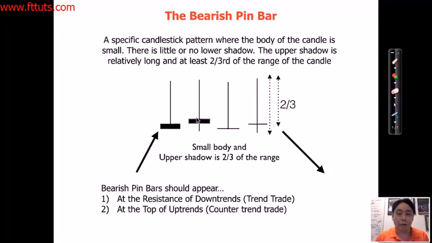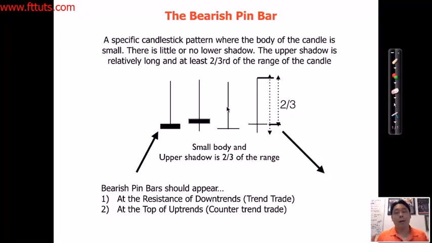Any of these four candlesticks qualify as a bearish pin bar. So once again, a small candle body or no candle body whatsoever, very small or no lower shadow, but a long upper shadow. And the upper shadow has to make up at least two-thirds of the range of the entire candle for it to qualify as being long enough.